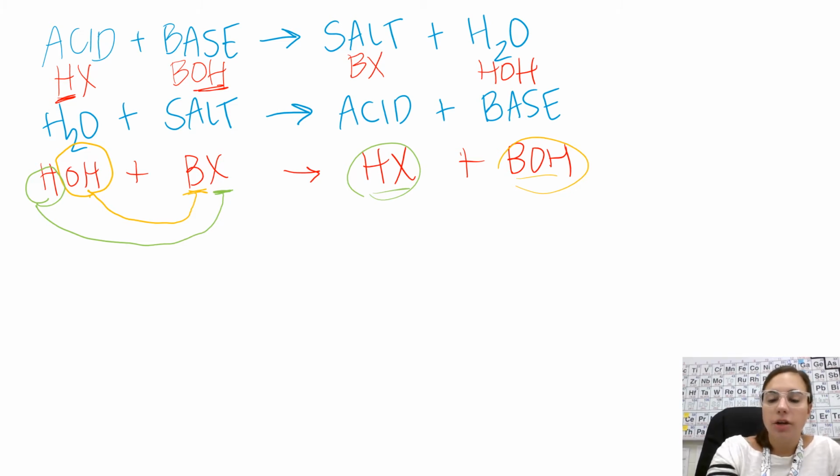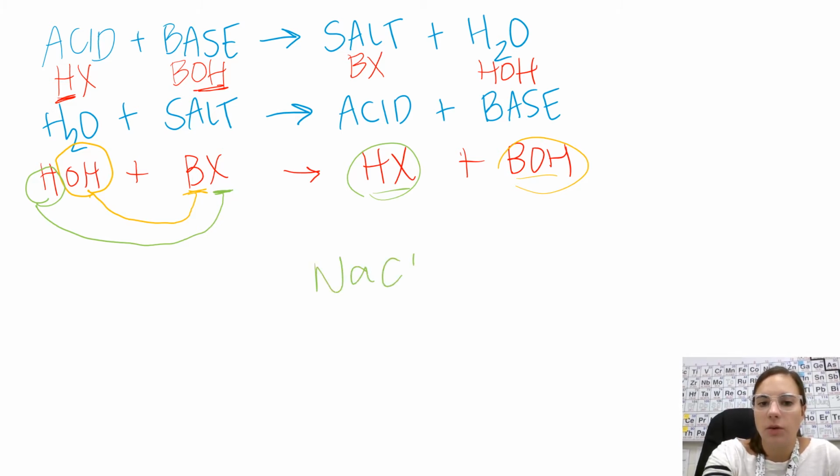Okay? So the way that I like to work problems like this, so let's say I gave you NaCl. That was like one earlier. Okay? I'm going to break it apart into Na+ and Cl-. So that's my cation and my anion. So I add the cation to hydroxide to make the parent base.